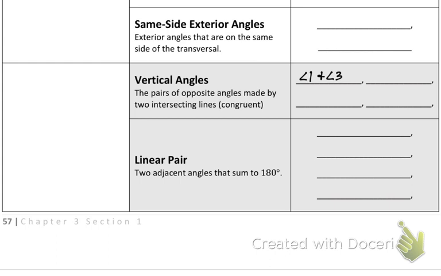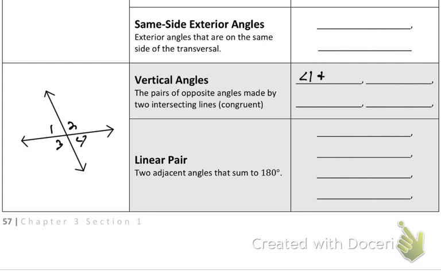In fact, I'm going to draw a quick drawing here where we have maybe a line, maybe another line. Let's go ahead and do 1, 2, 3, 4. So I'm going to get rid of this 1 and 3 real quick. Your vertical angles are the pairs of opposite angles made by 2 intersecting lines.